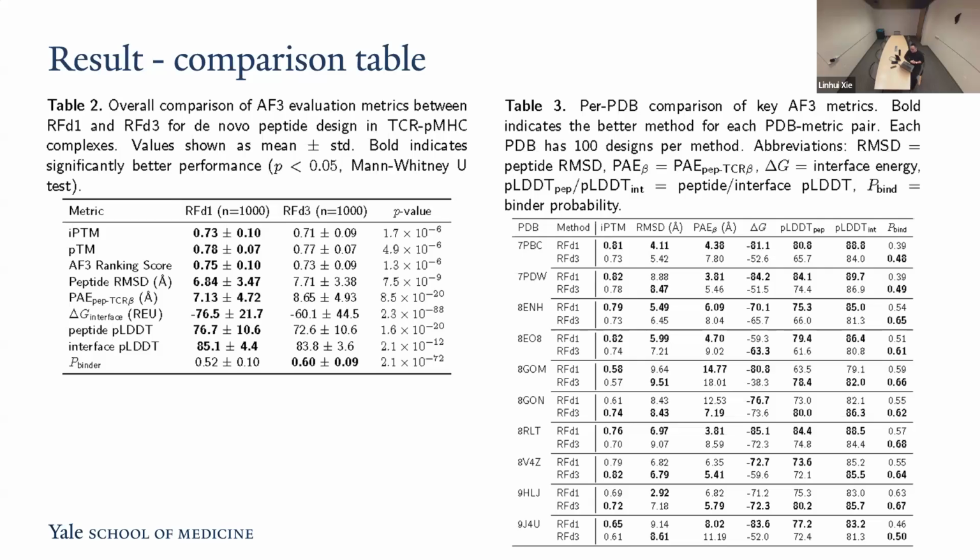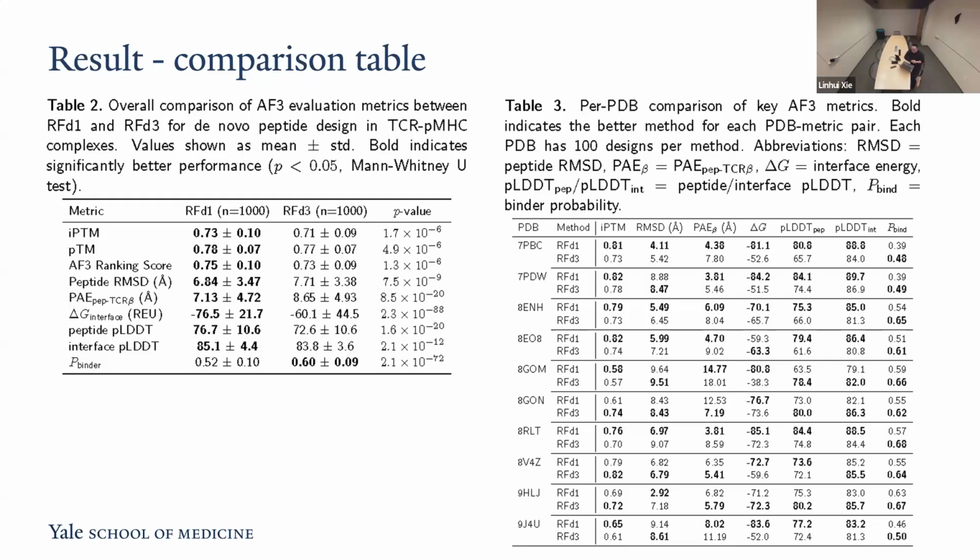But I guess because this model is mainly trained for protein mimic binder designs, it is not suited for this peptide design. So the original RoseTTAFold Diffusion 1 has higher performance than Diffusion 3. This is our initial guess, and further investigation is underway.